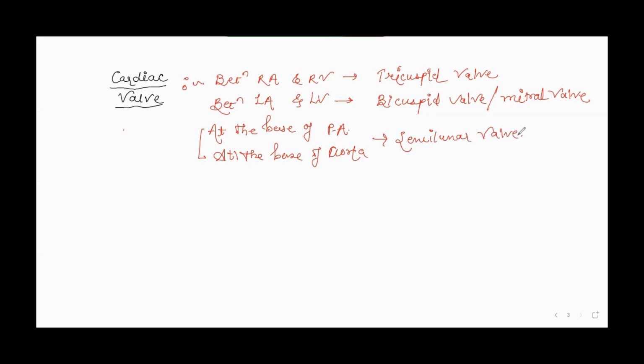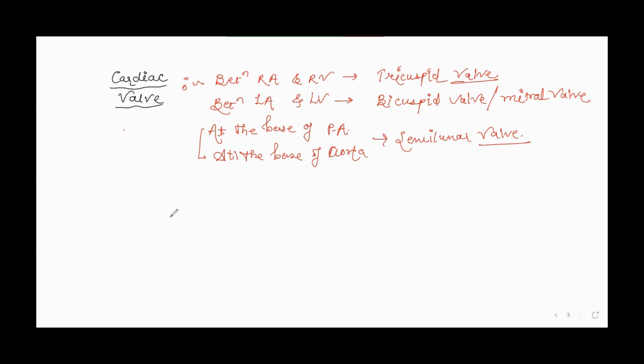So basically, what is the function of these valves? Why is there a presence of valves? Always keep in mind, valves are muscular flaps or muscular cusps that allow unidirectional flow of blood and prevent its backward flow. So this is the main function of our valves.